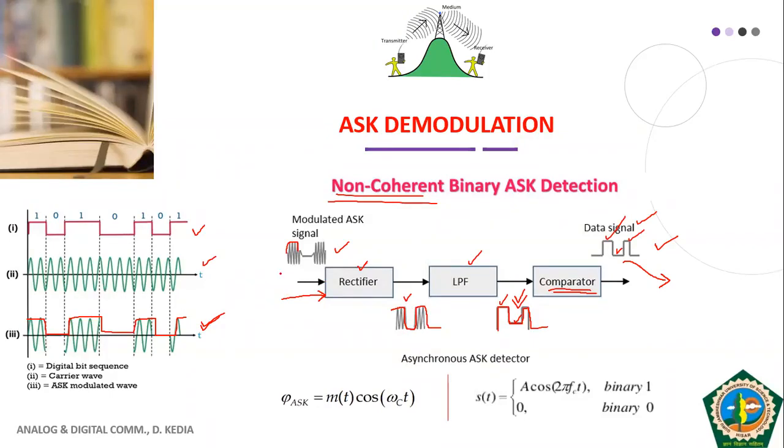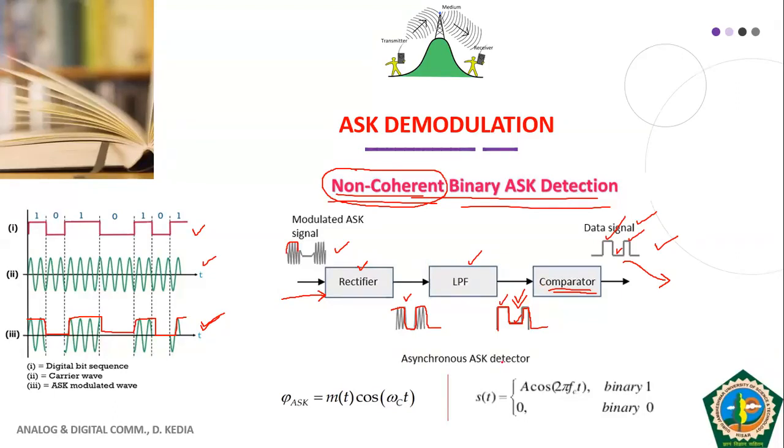I am simply using the modulated signal I received from the channel. That's why it is non-coherent binary ASK detection. The main advantage of non-coherent demodulation technique is that it is simple, but the disadvantage is that its performance is low compared to coherent detection technique.